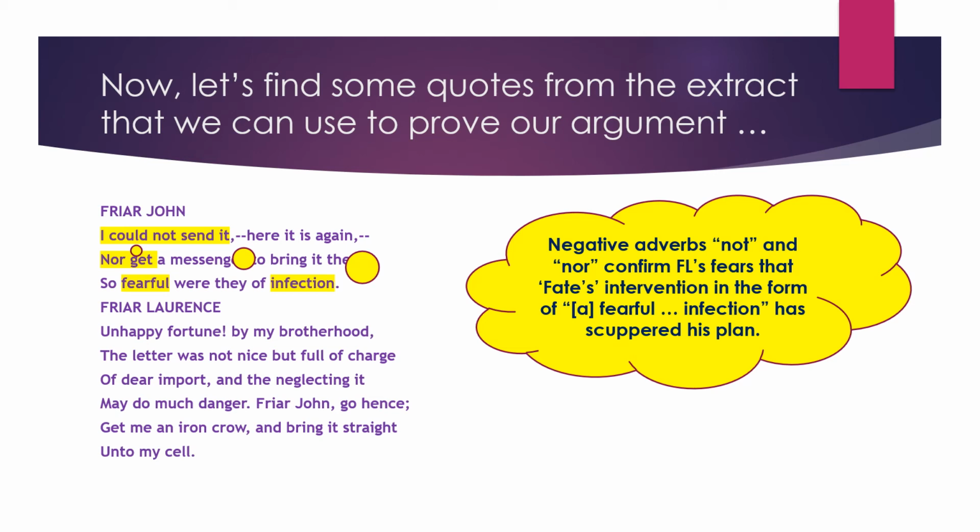So remember, these will confirm Friar Lawrence's fears that fate's intervention in the form of this fearful infection has interfered, has scuppered his plan. So without that letter being delivered, Romeo is not going to know about that extraordinary plan that he has concocted.